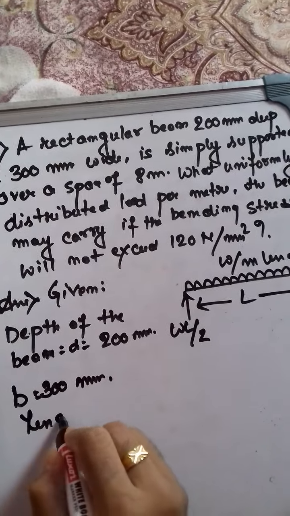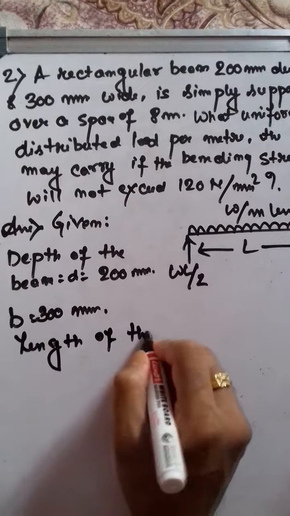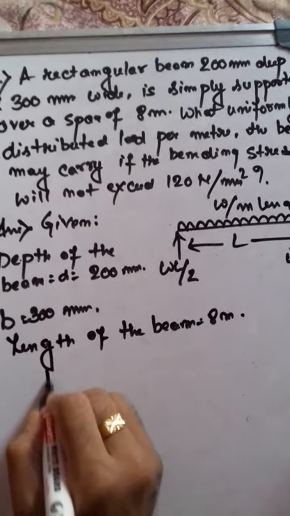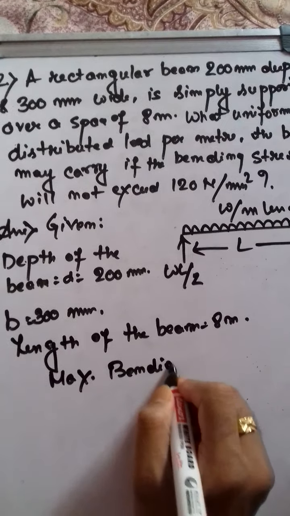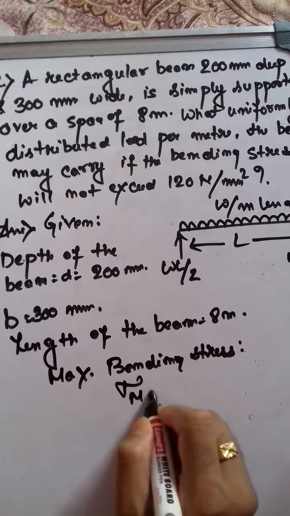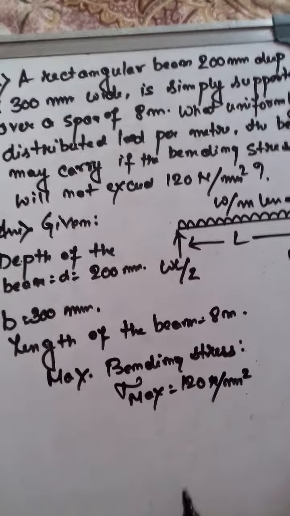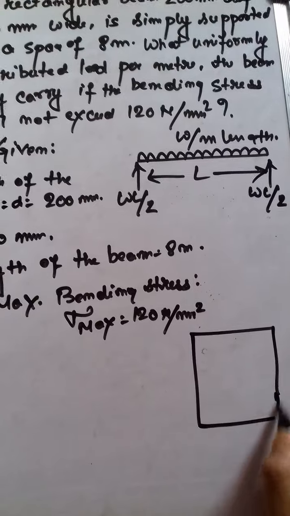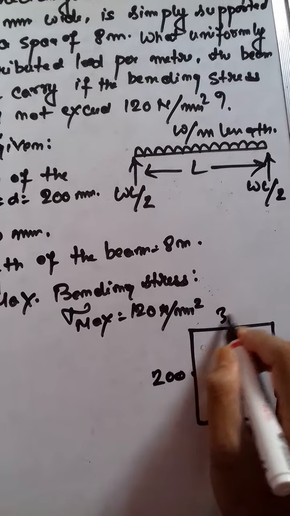Length of the beam is given 8 meter. Maximum bending stress sigma max is given 120 Newton per mm square. Okay, so let us draw this rectangular section. It is given depth is 200 and width is 300.